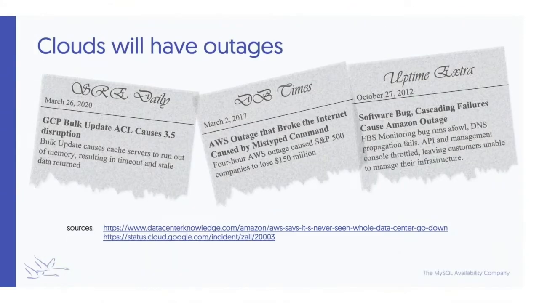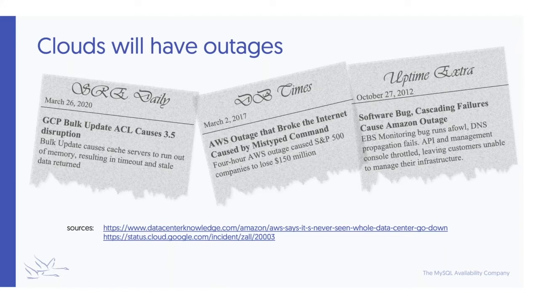But even still, all cloud providers have outages, have had outages, and at some point will have outages. It's just not possible to build something that's going to be 100% always available forever. So we can see actually back in March that Google Cloud had a pretty big disruption.